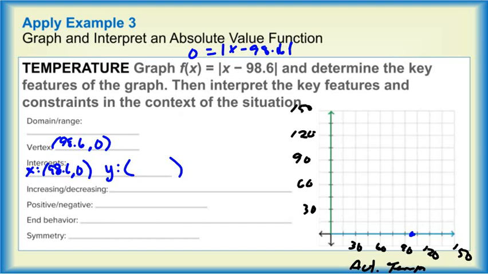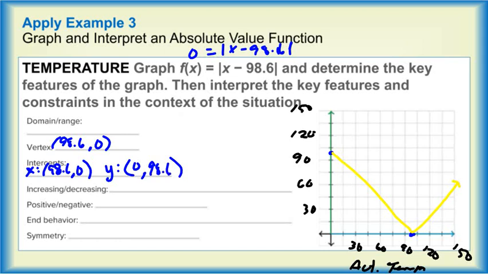We would have a point roughly here. And we have enough to draw a line here. And then this one, we're going to bounce off in this direction. That means our y-intercept is going to be 0 and then 98.6.